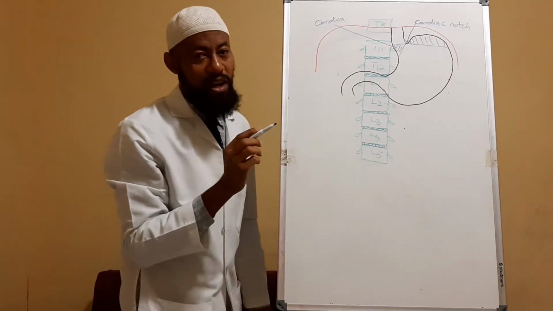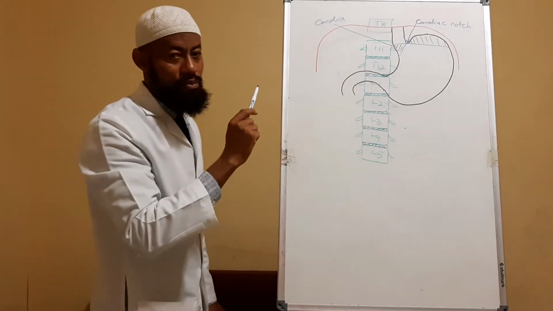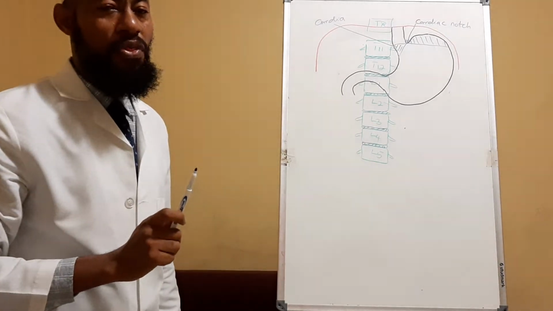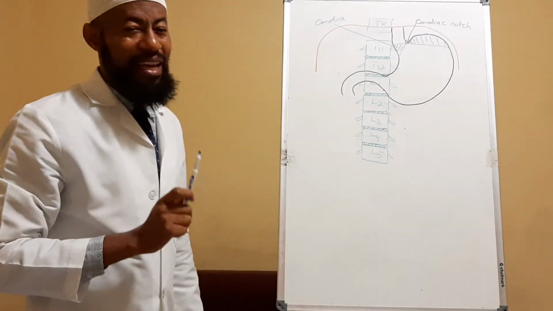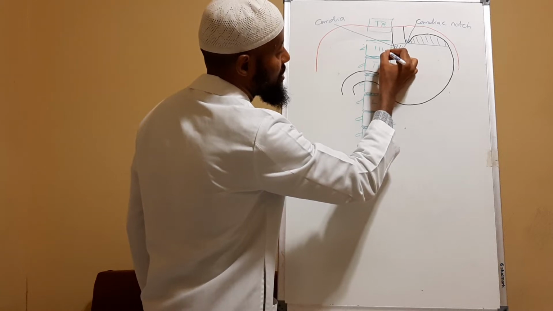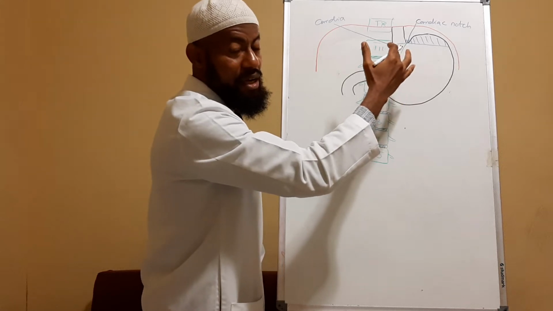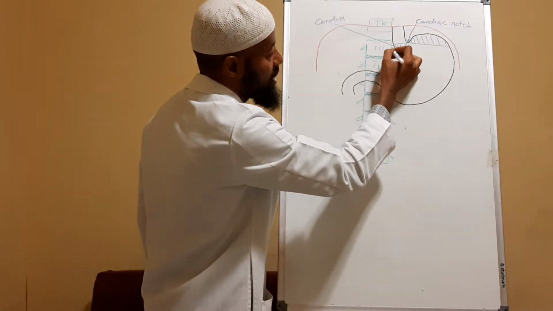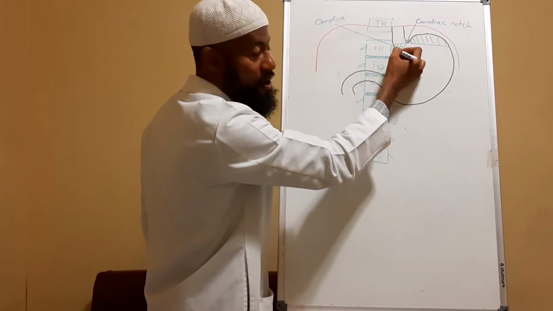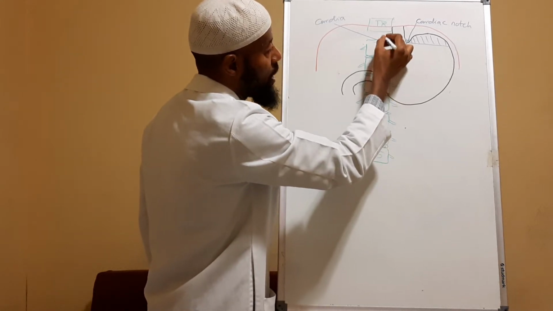Now, the cardia is usually at the level of T11, thoracic vertebra 11. It is at the level of the left 6th intercostal cartilage, and about 2 to 3 centimeters away from the midline.